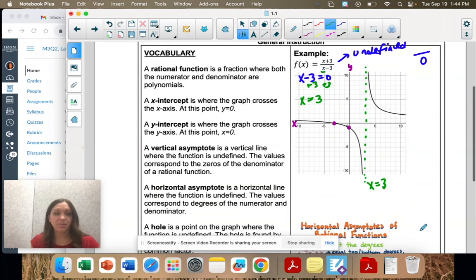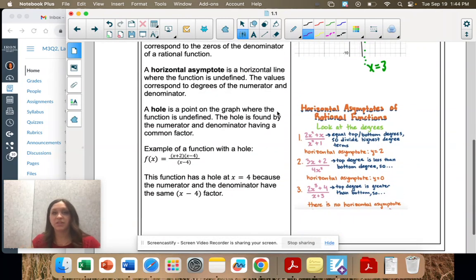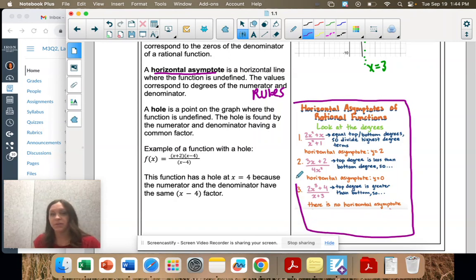And we get the same thing horizontally. And these ones are a little more tricky because there's rules. So that's what this graphic is. Horizontal asymptotes, there's rules that go here. And that's based on the degrees of the numerator and degrees of the denominator.